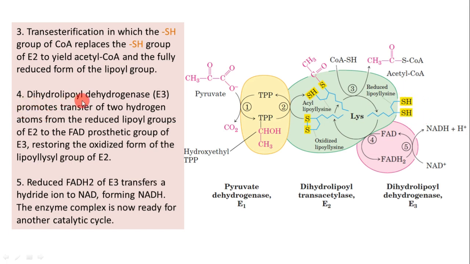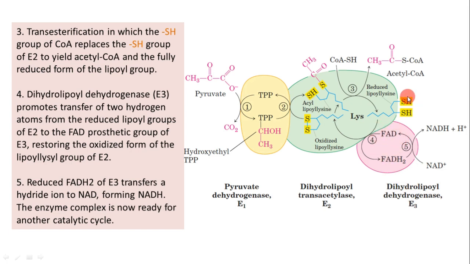Then in the fourth step, the enzyme dihydrolipoyl dehydrogenase, the third enzyme, enzyme 3, promotes the transfer of 2 hydrogen atoms from the reduced lipoyl groups of enzyme 2 to the FAD prosthetic group of enzyme 3. This dihydrolipoyl dehydrogenase has a prosthetic group, namely FAD.